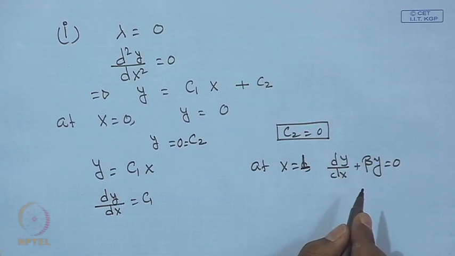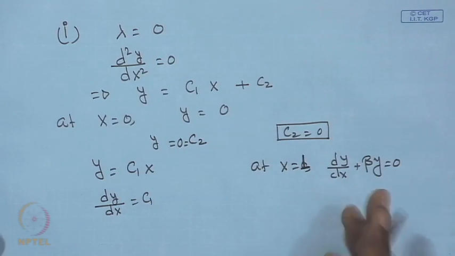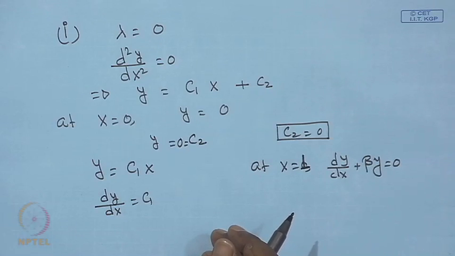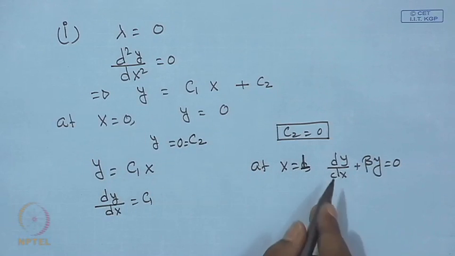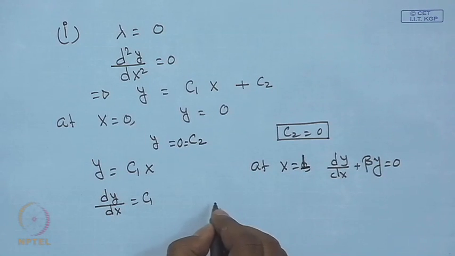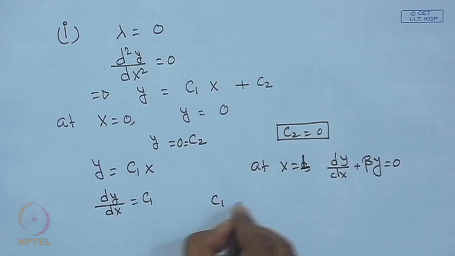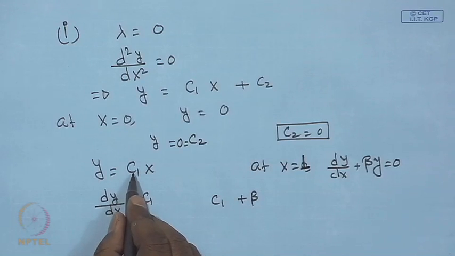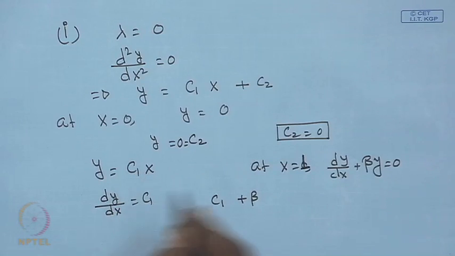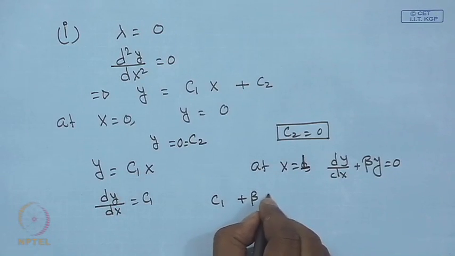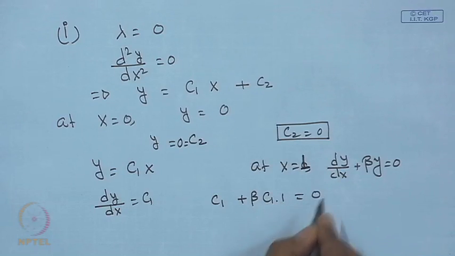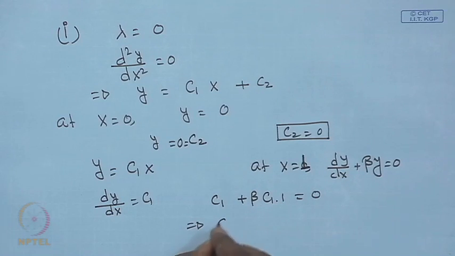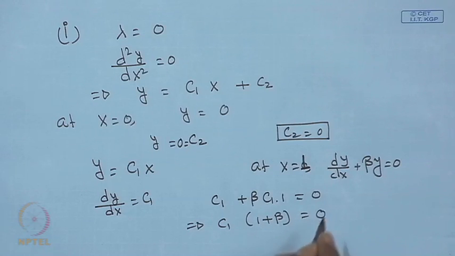That boundary condition is defined on two boundaries, at x is equal to 0 and x is equal to 1. So, dy dx is c 1, plus beta times y evaluated at x is equal to 1. So, this will be beta c 1 times 1, and the whole thing should be equal to 0. So, c 1 into (1 plus beta) is equal to 0.